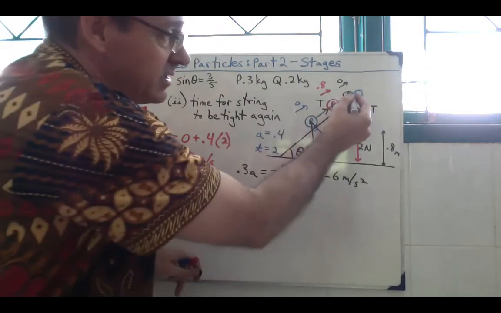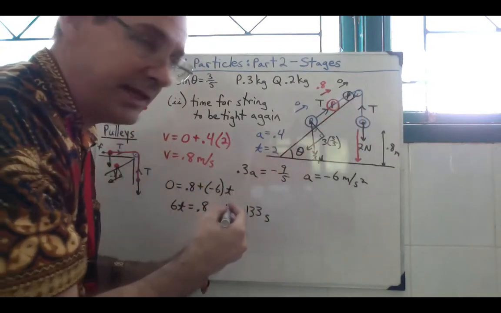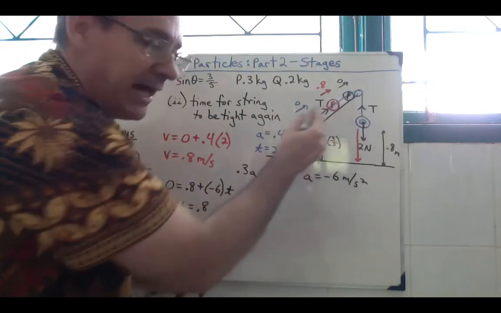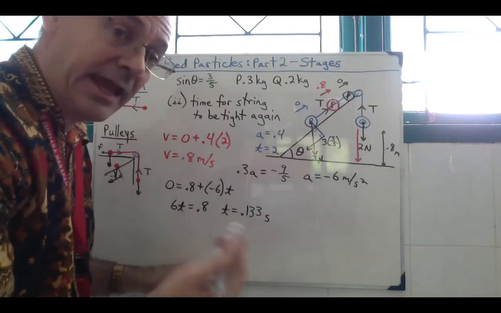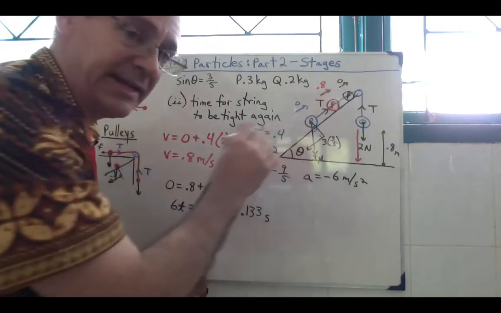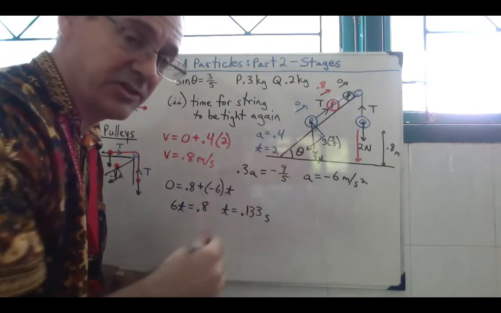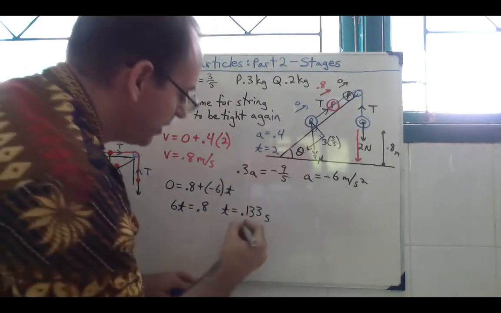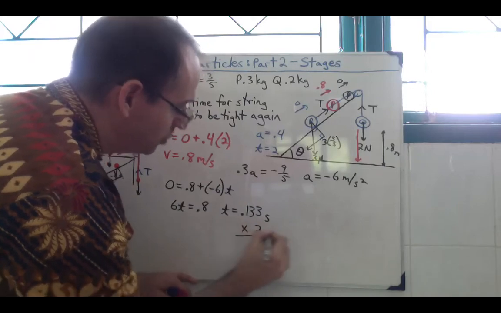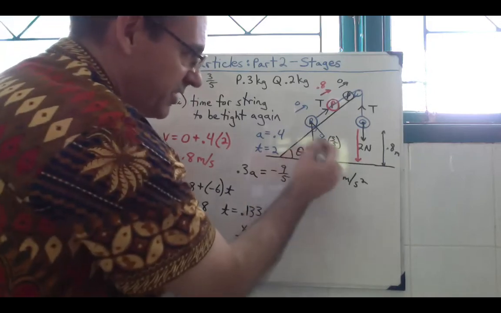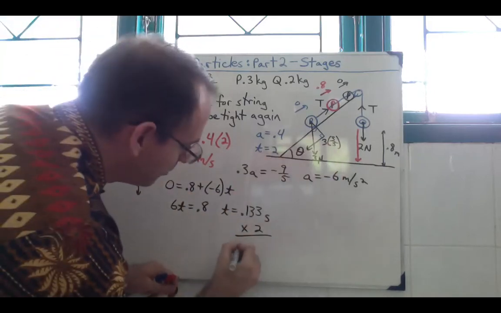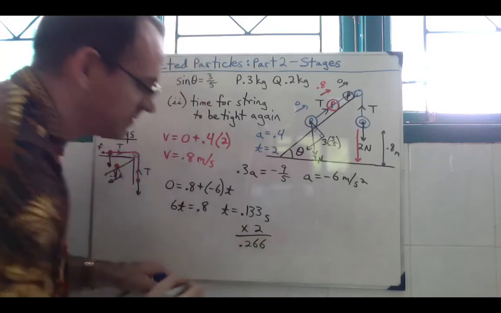And because this is a smooth plane, it's going to slide back down. And since the force sliding down is the same as the force acting against it as it was sliding up, all we have to do is multiply the time by 2 because it's the same force acting. So we get 0.266.